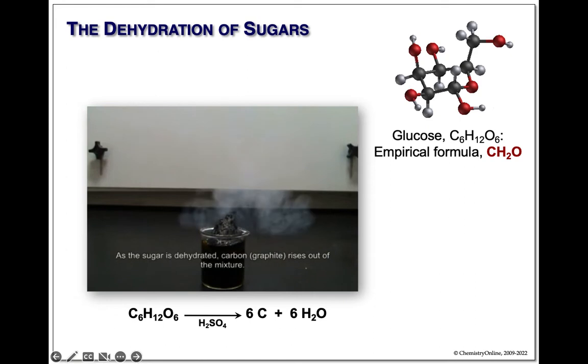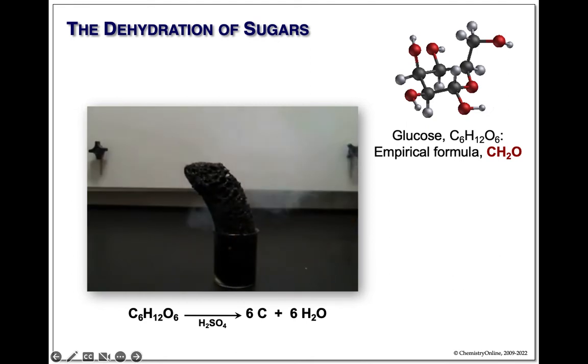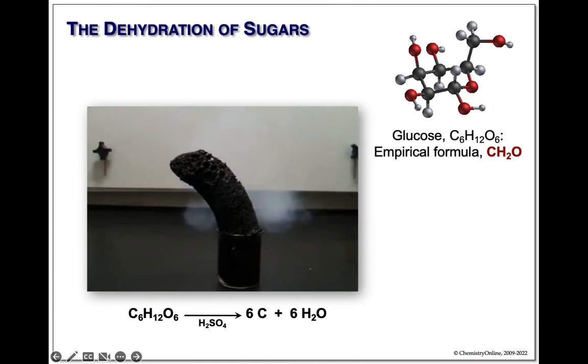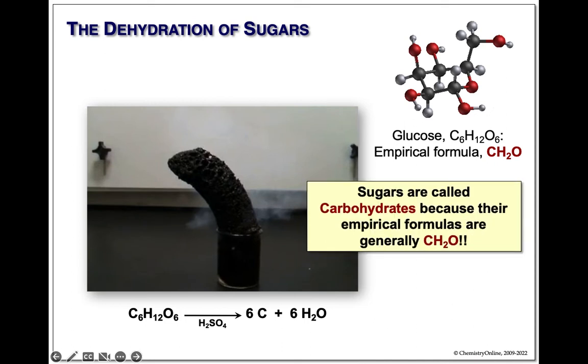We get water in the form of steam, and we get the carbon from the sugar as this column of pure graphite. Kind of neat. Any questions? Again, carbohydrates, empirical formula, CH2O.